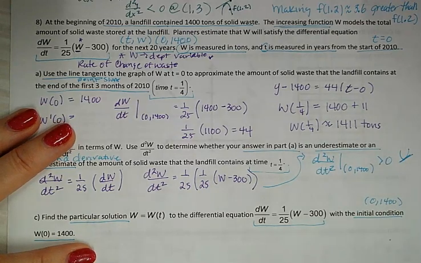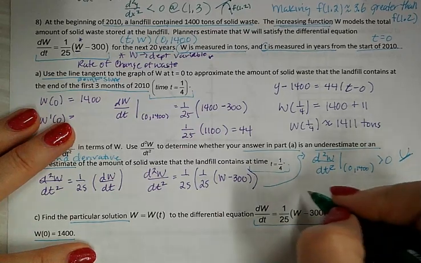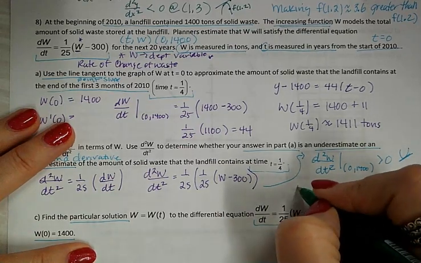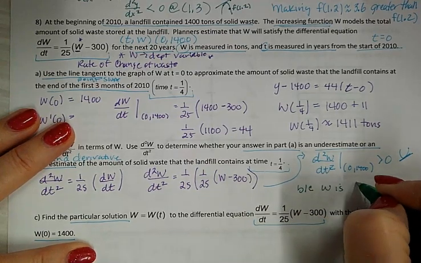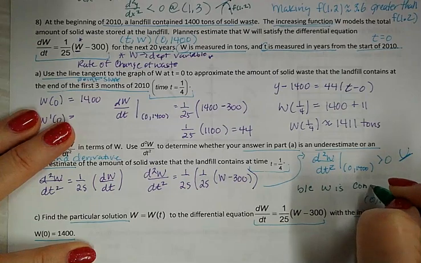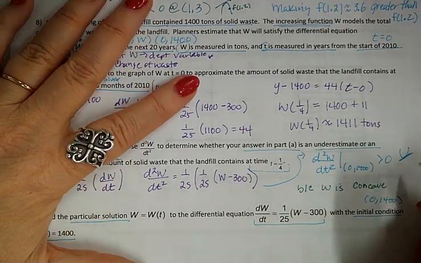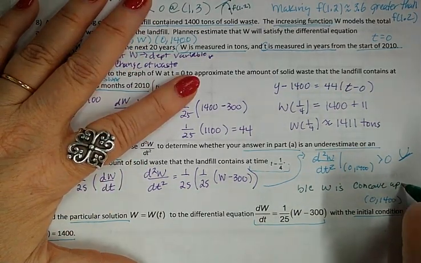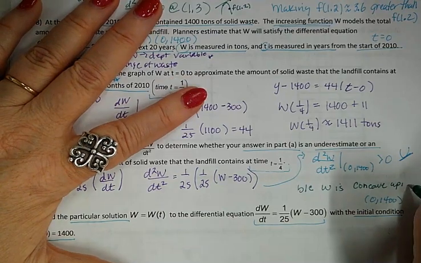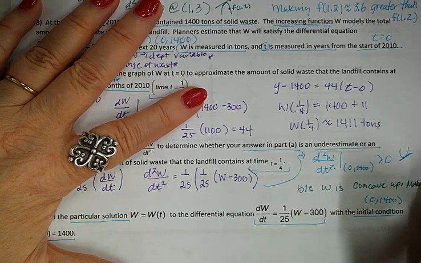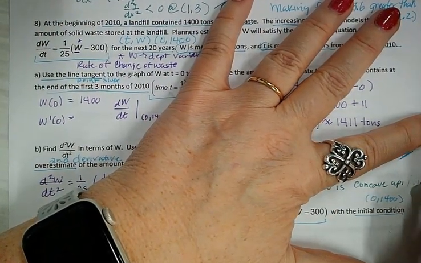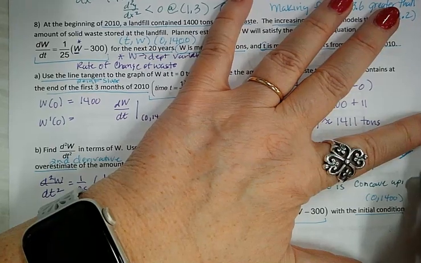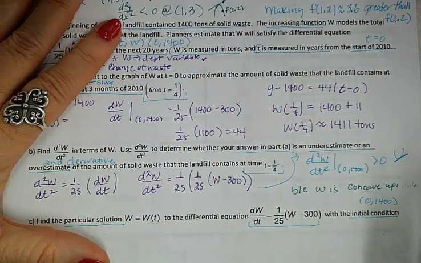So I should be able to write my conclusion. Because W is concave up, then that makes concave up. And where did we at?